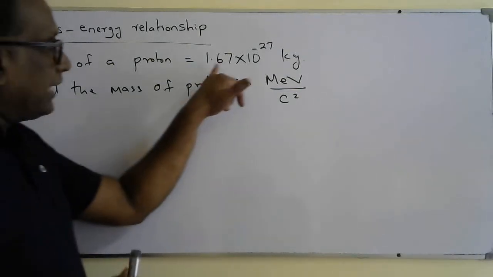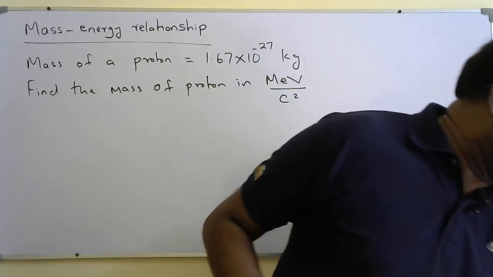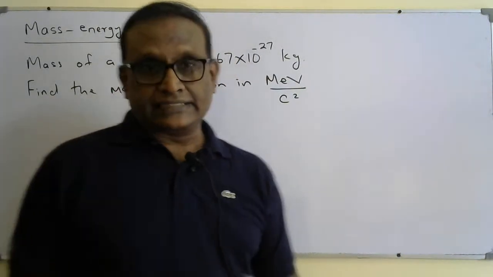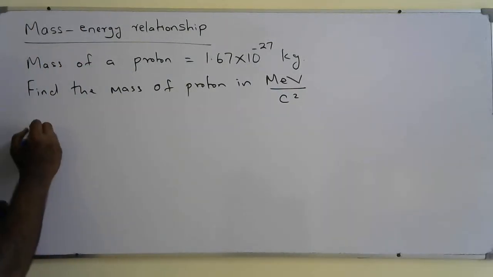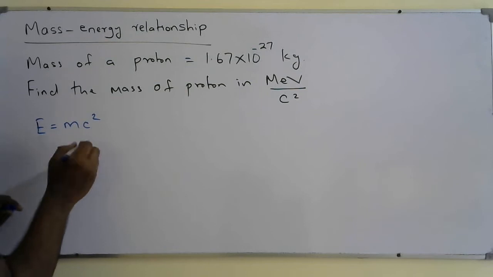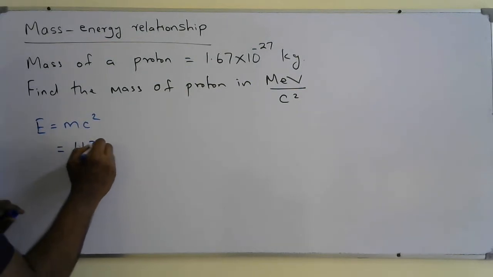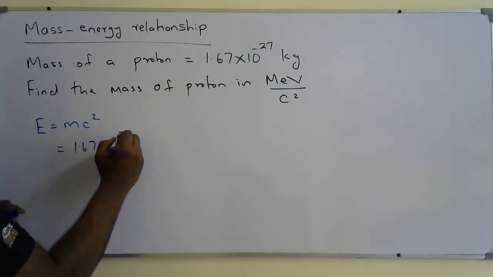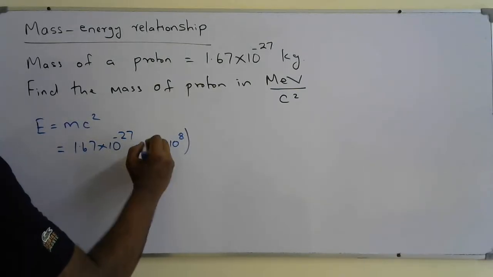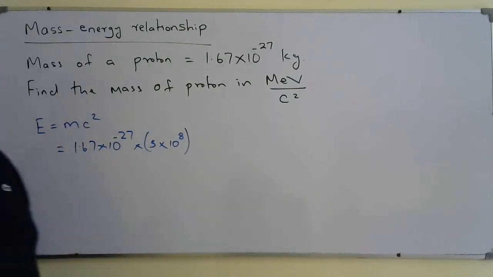First I should find the equivalent energy of this mass in mega electron volts. So E equals mc squared. The mass is 1.67 times 10 to the power minus 27, times 3 times 10 to the power 8, all squared. This is in joules.